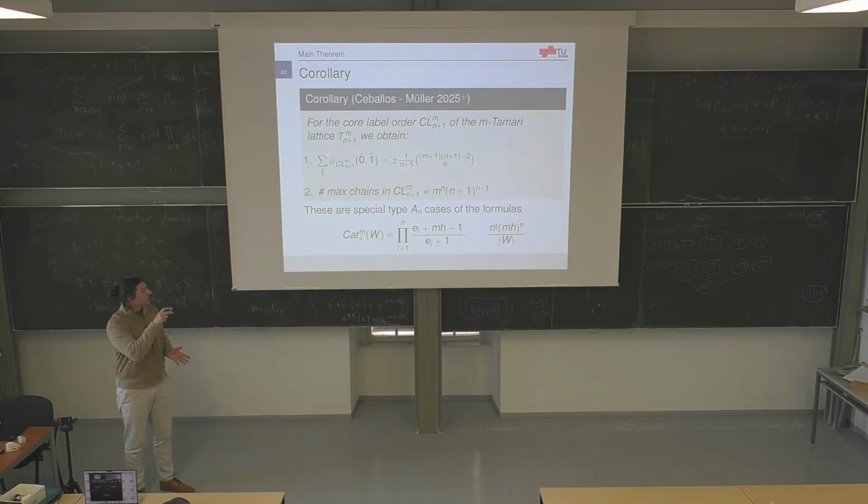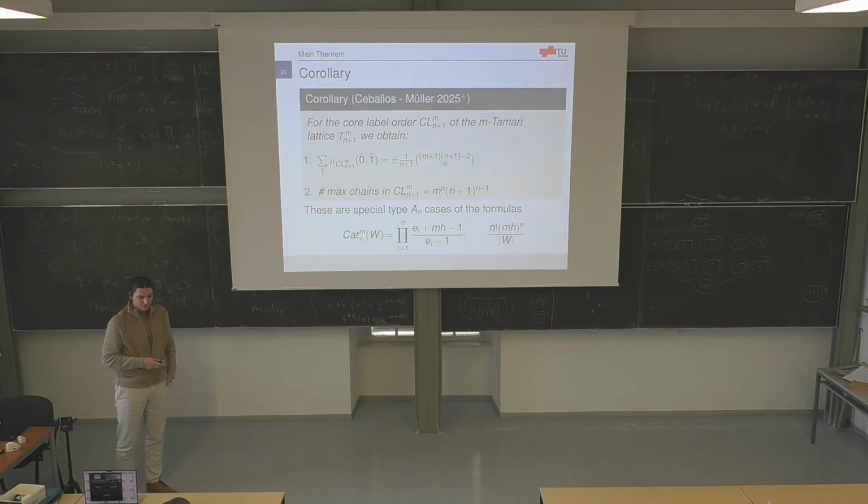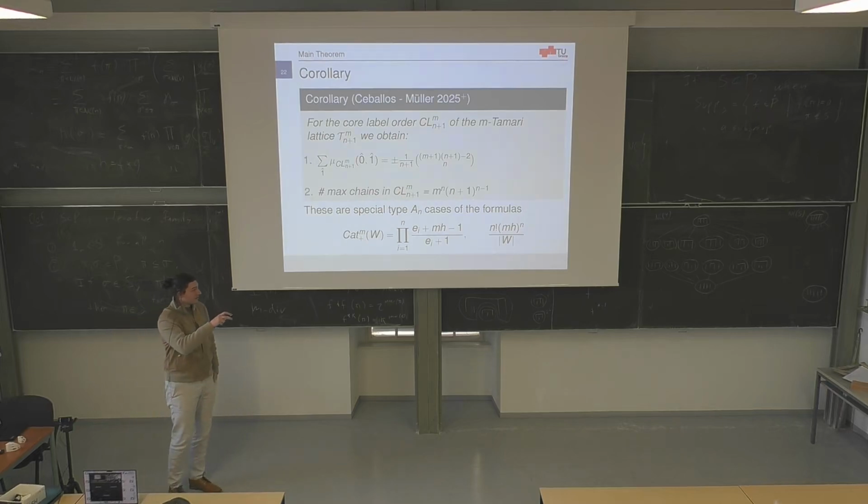For example, the sum of the Möbius functions in the co-label order is given, up to the sign, by this number, which we have seen from Christian Stump and Christian Krattenthaler, counting positive m-divisible non-crossing partitions in type A. And the second one, when we count maximal chains, is the classical parking function count times m to the power of n.